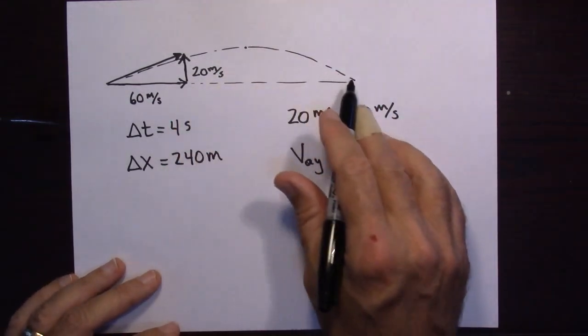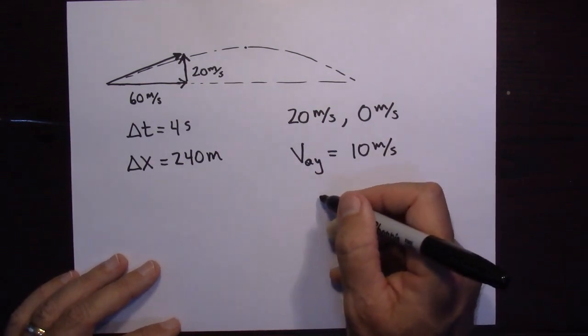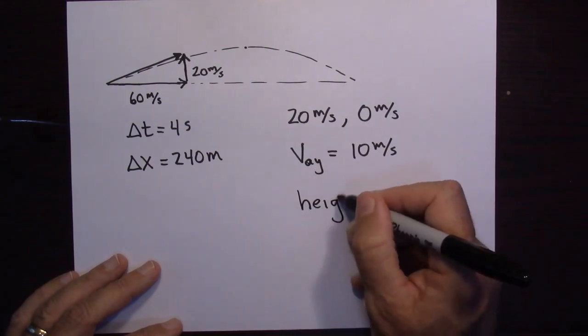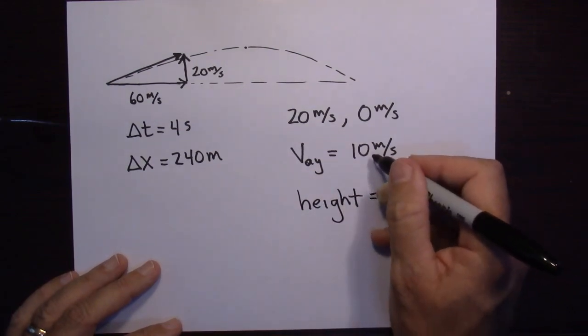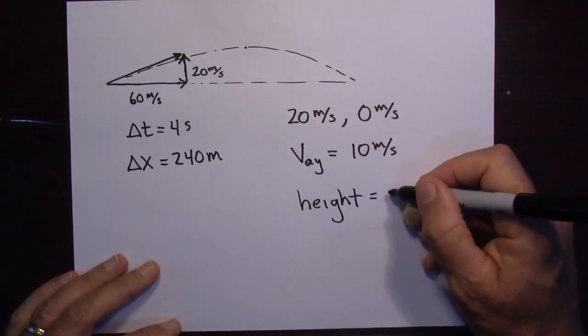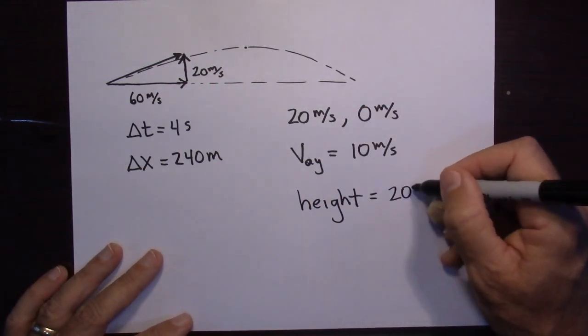The other 2 seconds it's coming down. So the maximum height that it's going to reach is 10 meters per second times 2 seconds. So that would be 10 times 2 is 20 meters in the air.